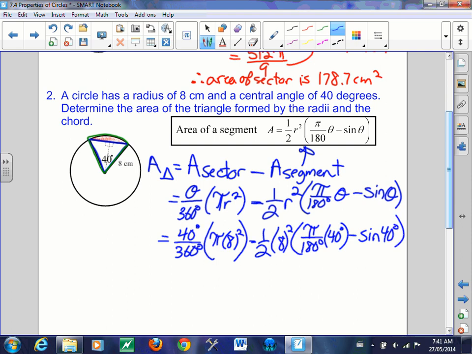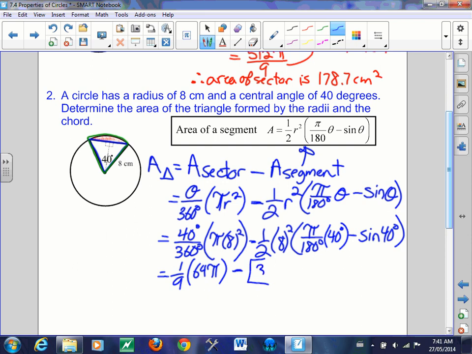All right. Use your fraction button to simplify things here, folks. 40 fraction button 360 is going to give you 1/9 times 64 pi here. Subtract, do some work here. 8 squared is 64. Half of that, because you divide by 2, is 32.